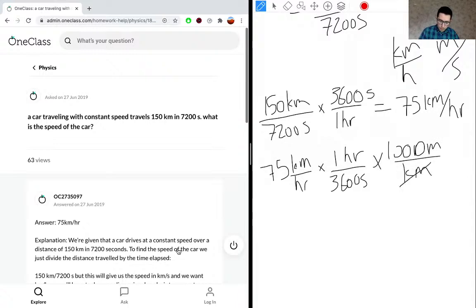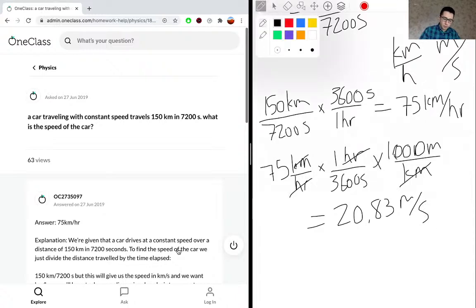So we can see the kilometer cancels out, the hour cancels out, and then we're left with the 1,000 on top and 3,600 on the bottom. To evaluate this, we do 75 times 1,000 divided by 3,600. It's 20.83 meters per second.